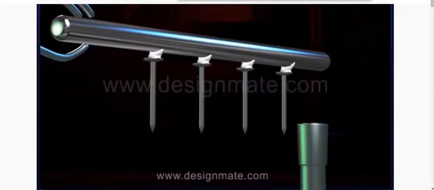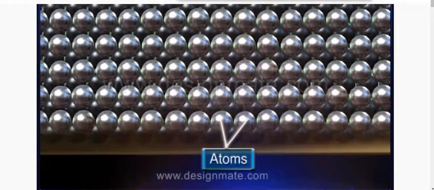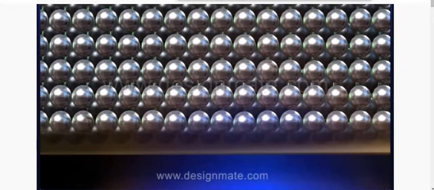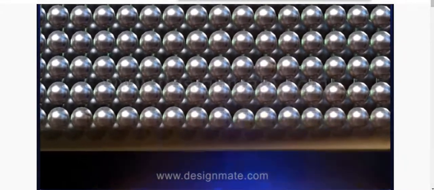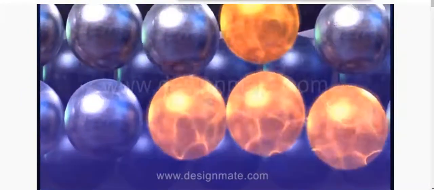Why does this happen? The iron rod is made up of atoms, which are constantly in close contact with each other. When the rod is heated from one end, the atom which is near the flame gets heated first. Then, this atom, while remaining in its position, transfers heat to the adjacent atoms.